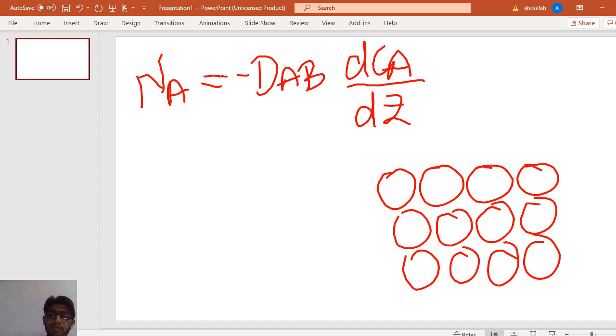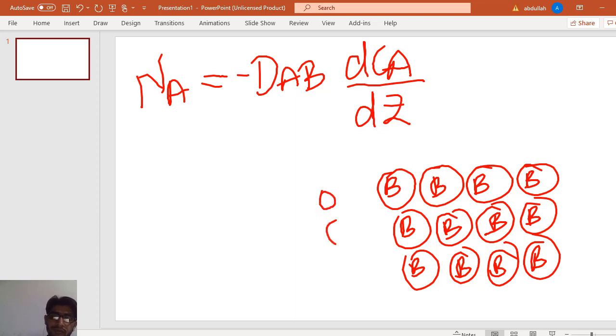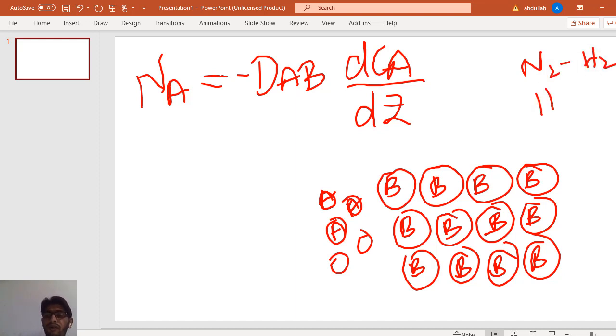Suppose we have two types of gas molecule, molecule B and molecule A. Suppose we have two gases, for example nitrogen and hydrogen, or hydrogen and helium.